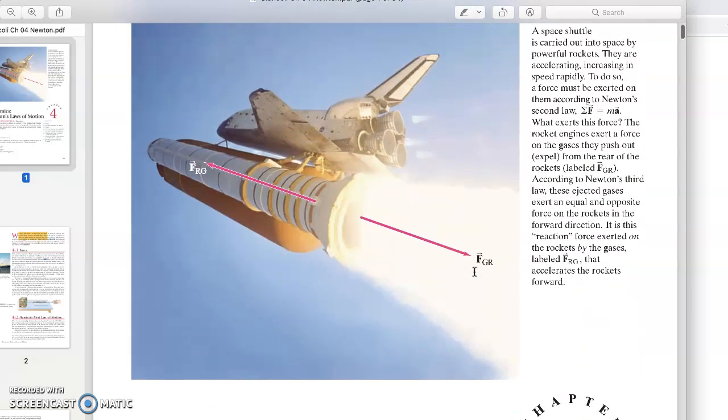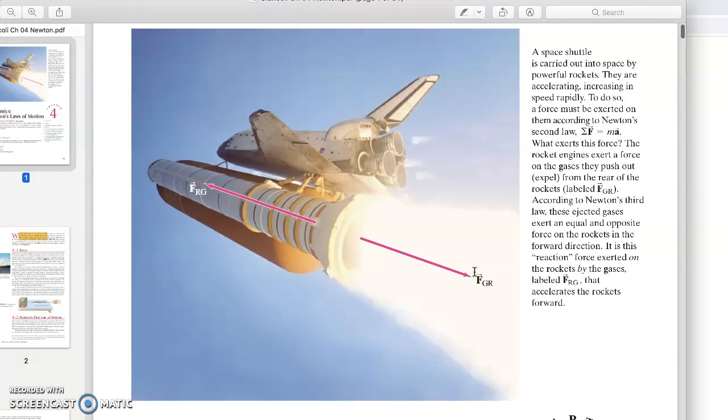If you see here also the main picture of the chapter, because always the main picture of the chapter gives us a brief idea what this chapter is about.